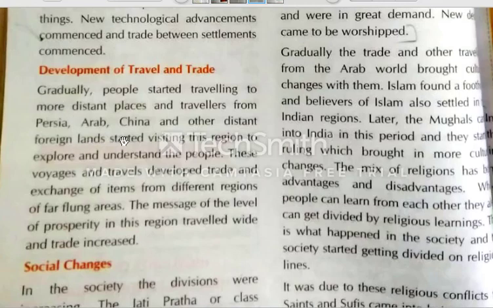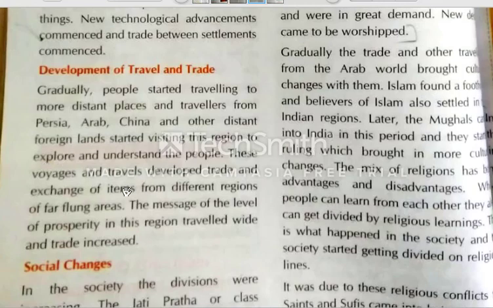Why were they moving from one place to another? They were moving from one place to another for visiting, for understanding the people, and for exploring the region. Exploring means to search, in search of people, in search of food.